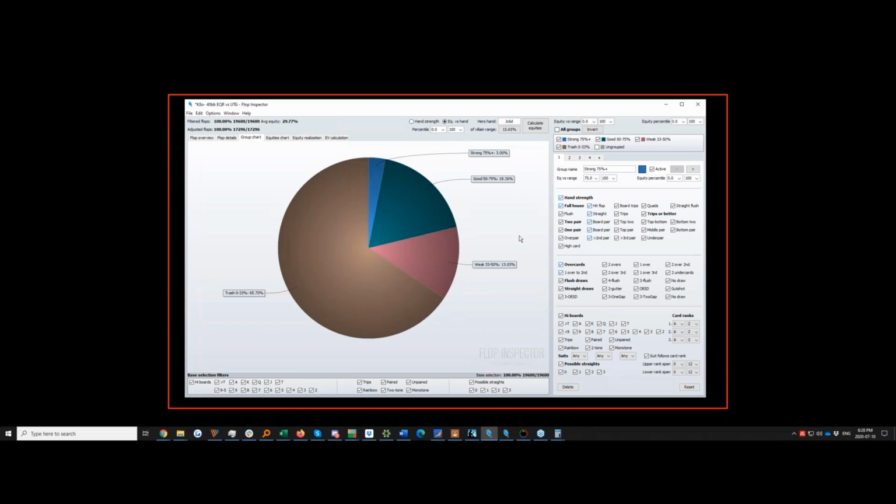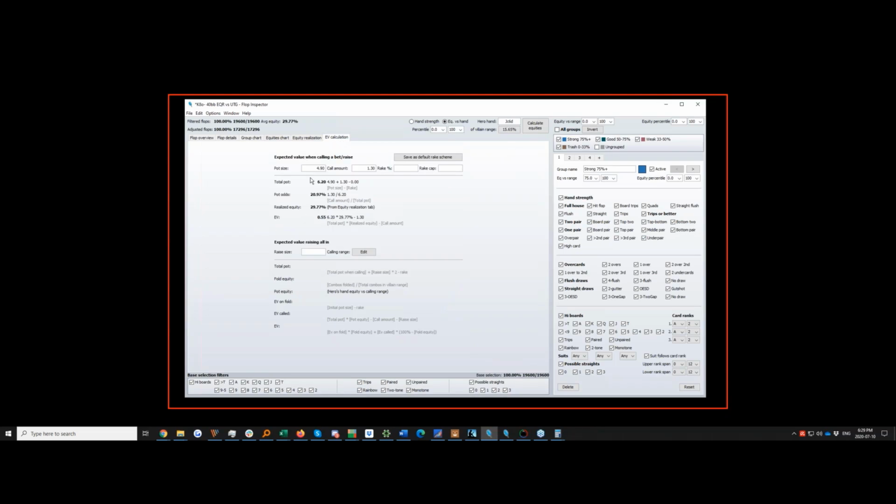So this software has something really cool. Okay, maybe with Flopzilla Pro you can see this. Here we can set up the exact same situation: calling one big blind to win 4.7 before the call.